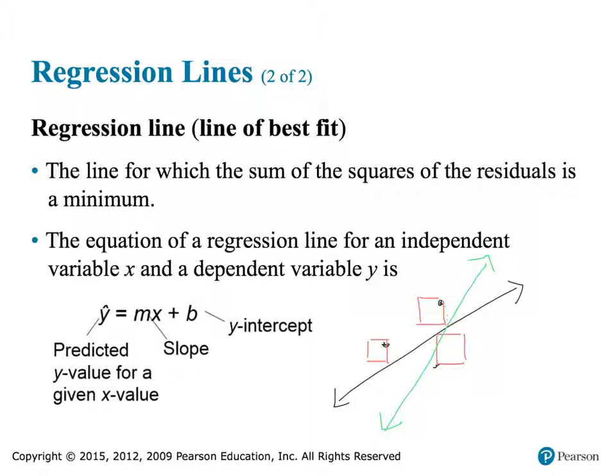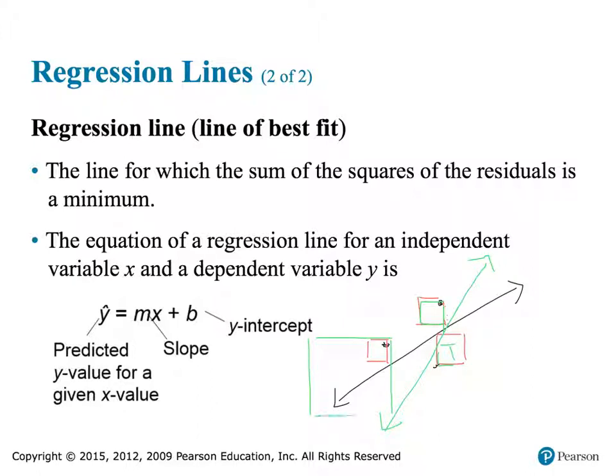Now, if I draw in all my residuals for my 3 data points for that line in green, and then make the squares using those residuals as the side lengths, those first 2 squares seem to be rather small, but look at this one here.